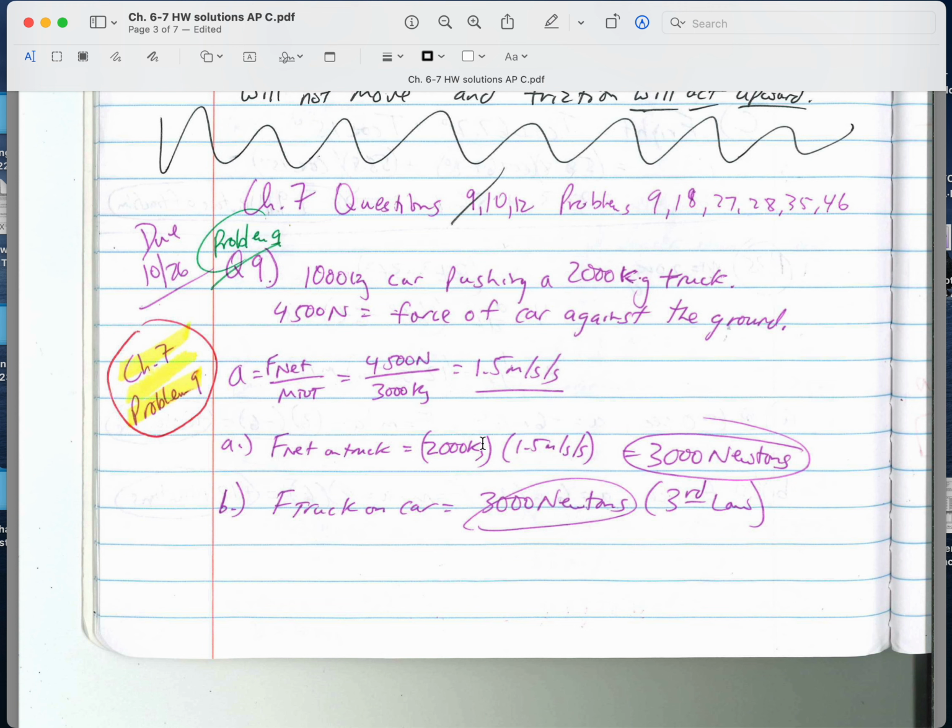And then, using that and the idea of acceleration constraints, I can figure out the net force on the truck. That's MA of the truck, that's 3,000 newtons. And therefore the force of the truck on the car would also be 3,000 newtons. If you think back to the net forces on both of them, based on their masses, it would result in both accelerating at 1.5 meters per second squared.